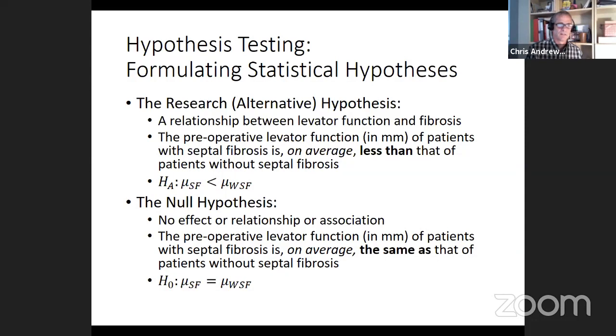In particular, the levator average in the septal fibrosis group is less than the levator average in patients without septal fibrosis. And we can write that as an alternative hypothesis that says that the mean, mu, in the septal fibrosis group is less than the mean in the without septal fibrosis group. And that's really what we want to say is true.